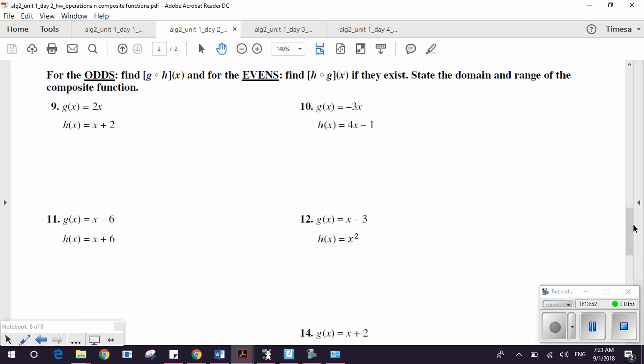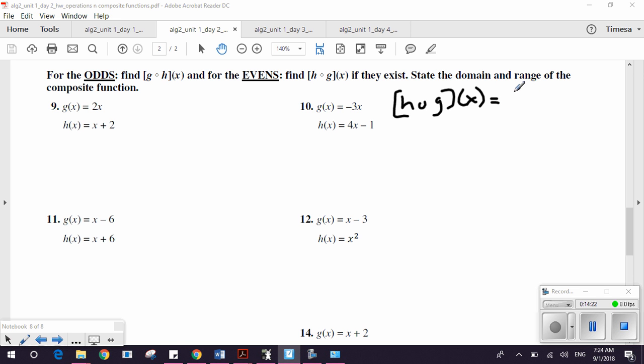On the back side for 9 through 14, if it's odd, you're going to do G composite H. If it's even, you're going to do H composite G. So let's look at number 10. For number 10, it's an even, so we're going to do H composition G of X. So the candy shell of this blow pop is the H function.